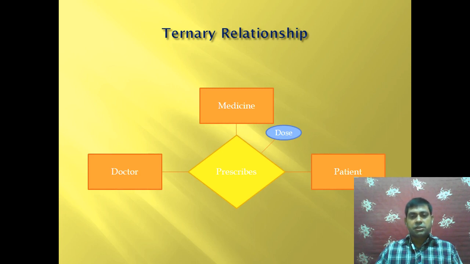Patient has patient ID and the disease diagnosed, medicine has medicine ID, expiry date, price, etc. Doctor has registration number, specialization, etc. These are their attributes. But the dose attribute is a very key attribute, because depending on the medicine and doctor, the patients are prescribed a particular type of dose, right. So this is an example of a ternary relationship.